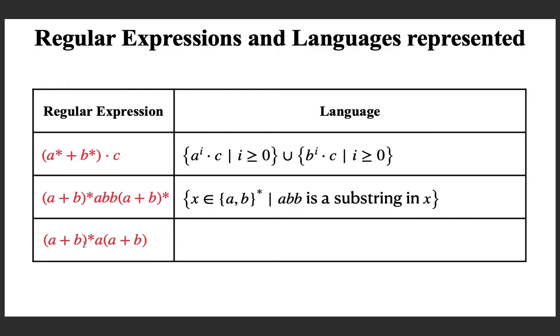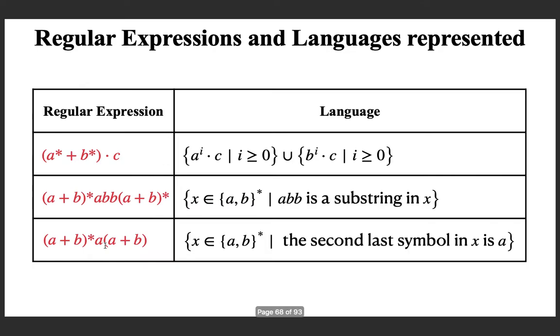Note that A plus B the whole star means any string over AB, and A plus B means either A or B. So last symbol can be either A or B, and the second last symbol is fixed as A, and that is the language. So we can see that here to represent the second and third languages, from among all the 5 representations that we learned, maybe you can find regular expression as the most easiest way of representing these languages.